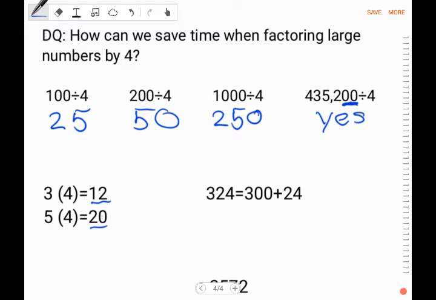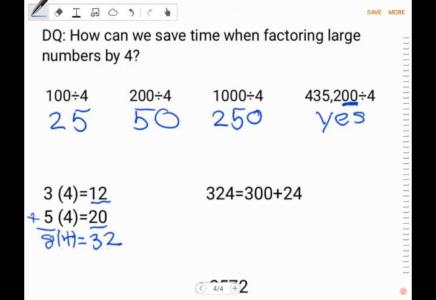Now if I add 12 plus 20, I get 32. And those 32 things are all in boxes of 4, aren't they? So what that tells me is 32 has a factor of 4 also. 3 plus 5 is 8.